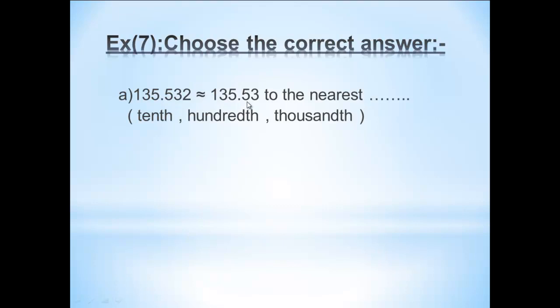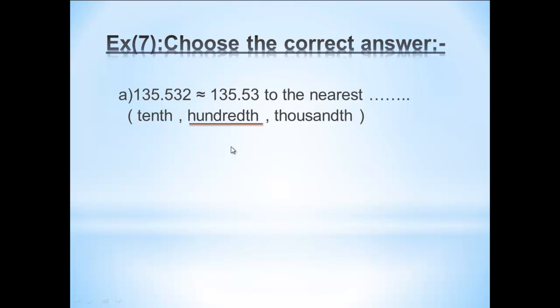This approximation is to the nearest what? Tenths, hundredths, thousandths? Ask yourself, the number after approximation has only 2 digits after the decimal point. What approximation has only 2 digits after the decimal point? Approximate to hundredths. Yes, very good.